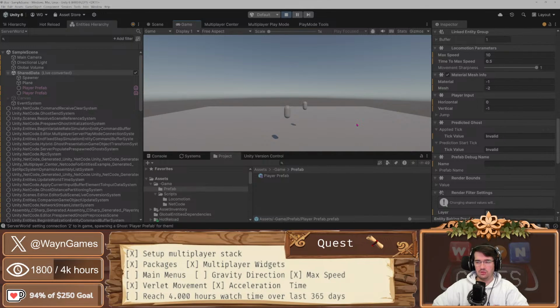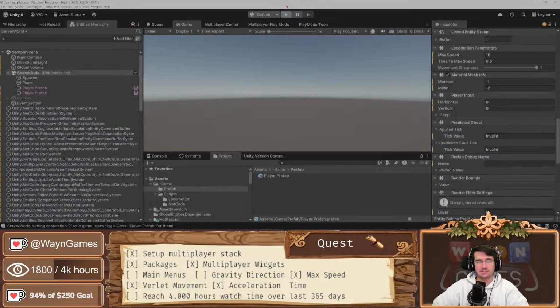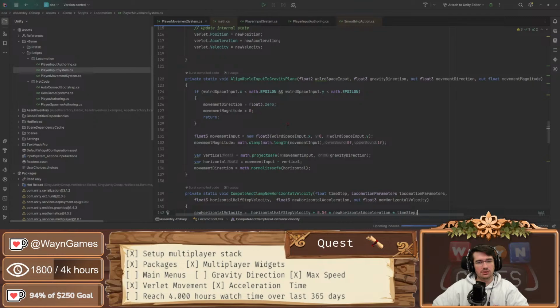So if my input is negative, -1. Maybe I did a check. Yes, of course. That cannot work. That cannot work because if my world input is negative, of course, I'm not going to be okay.